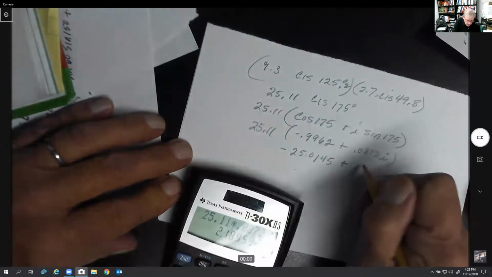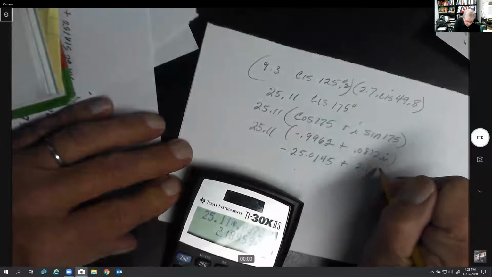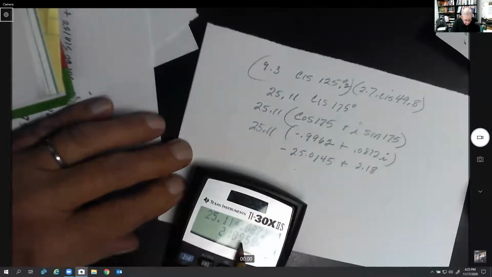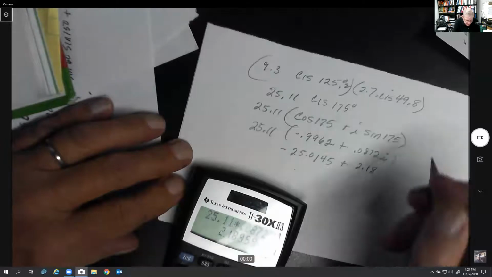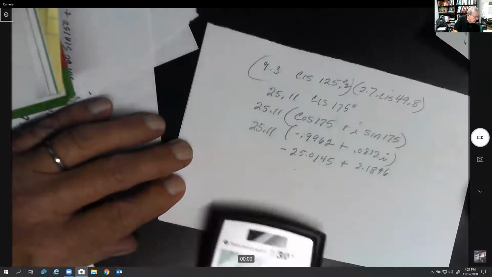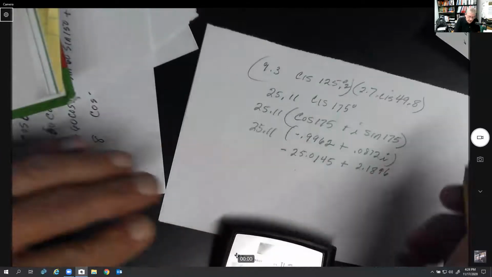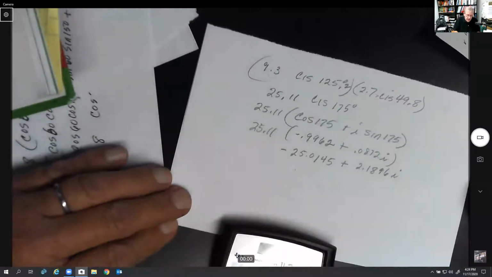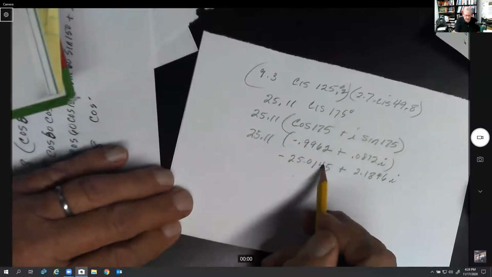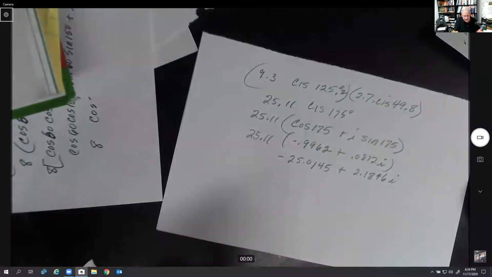This would be 2.18, and then this is going to round up to 2.19. And don't forget the i. Okay, so a little bit off. I'm off, let's see, this is tens, hundreds, thousands, 10,000s. I'm off 10,000, you know. So that's not going to be a huge difference. Okay, so that's the whole idea behind it.